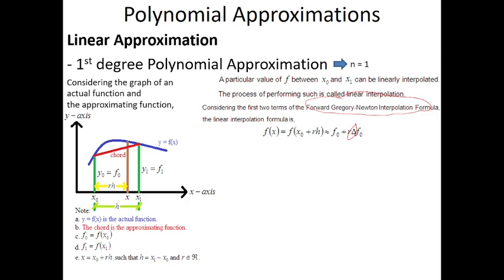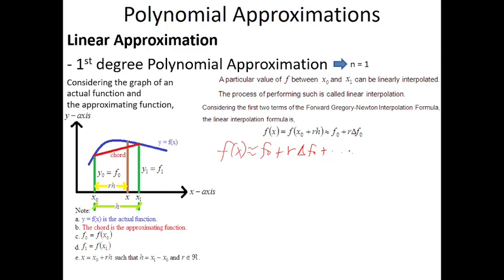So f of x is approximated by f sub 0 plus r delta f sub 0, plus r, and so forth.